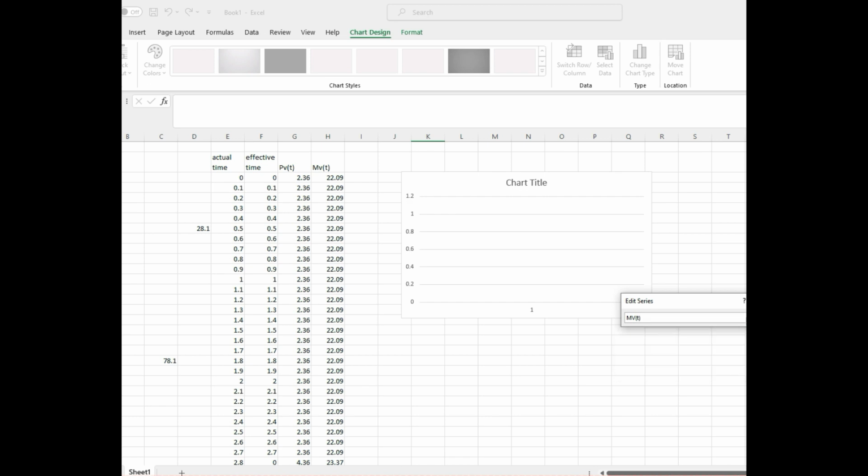Press this arrow up, then return back. Now select your values, which is here, MV. Until what? Remember that we said we will jump until 20.